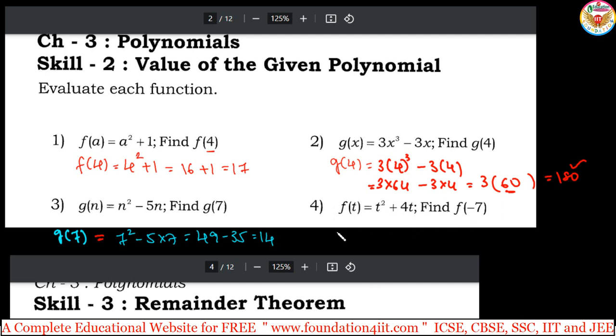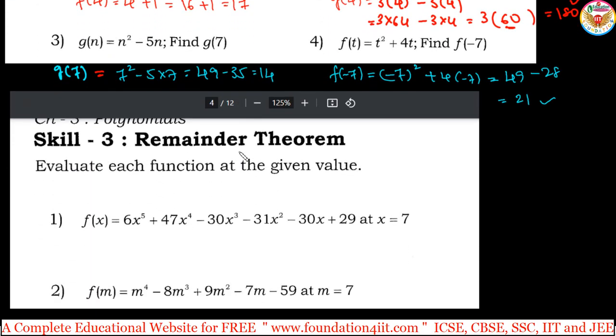Even a negative number also. f of minus 7. So minus 7 whole square plus 4 into minus 7. Minus 7 whole square is 49. Plus into minus is minus, 4 sevens are 28. So you can subtract. So 21. Right? This is the substituting. So to evaluate the function, you have to substitute the value.